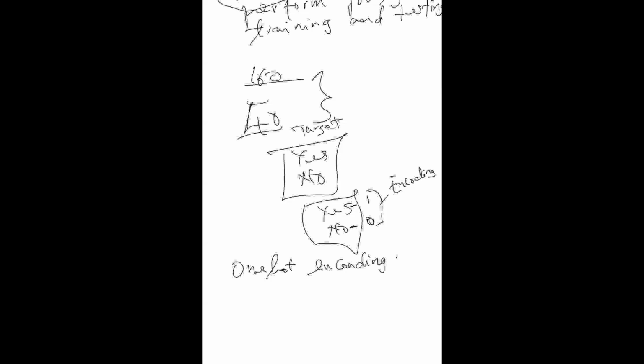One-hot encoding is used to solve situations like this, where your categories, or your values, are just yes and no, just two, binary for example.